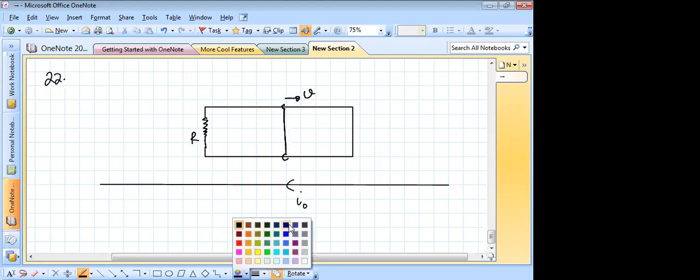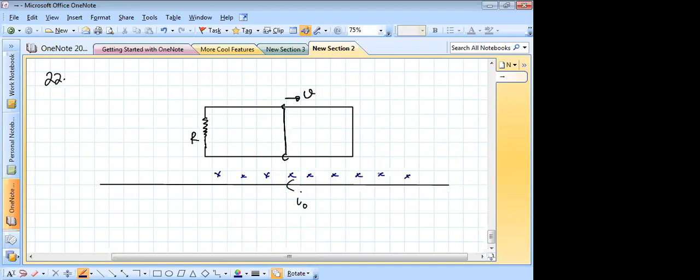Okay. So here the magnetic field lines will look like this. Sorry, yes, the field is going into the plane here. So the density of these field lines will be decreasing as you go away from the wire. Just like this.